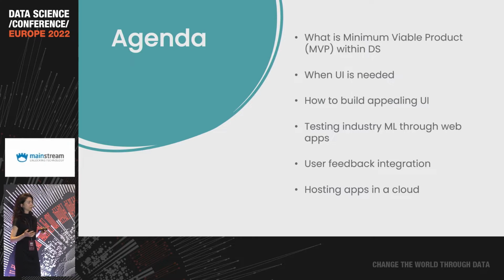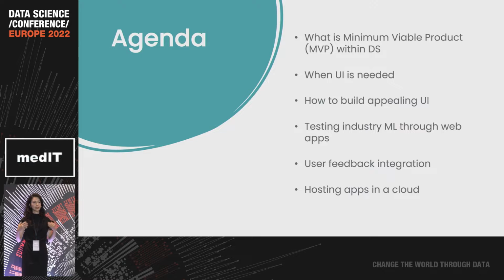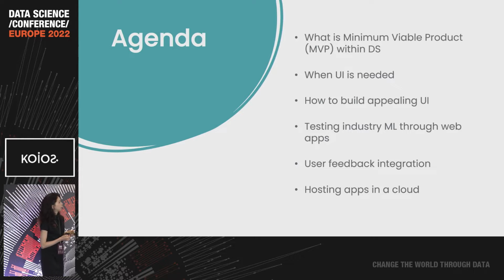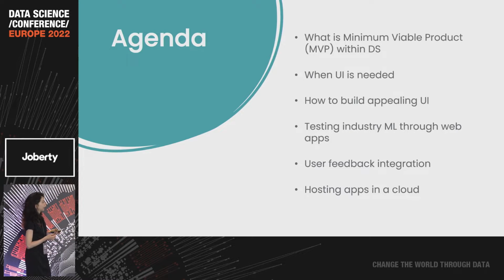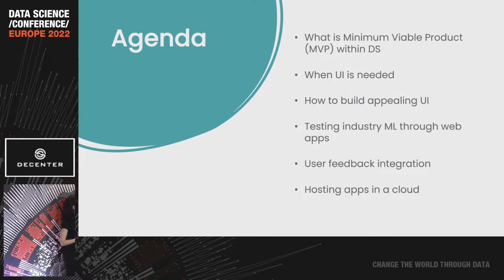The question was how to do it properly and how to build a system for our recruiters to evaluate the quality of results, because it's quite a niche domain, and for us data scientists it's quite hard to understand if results are meaningful or not.